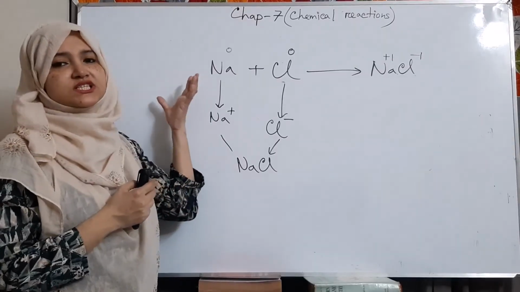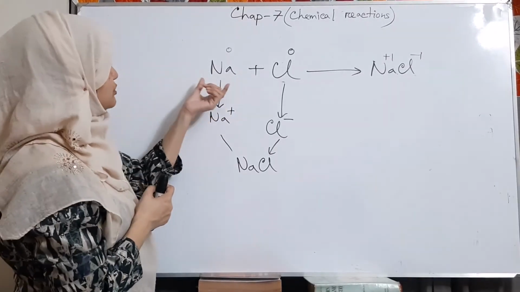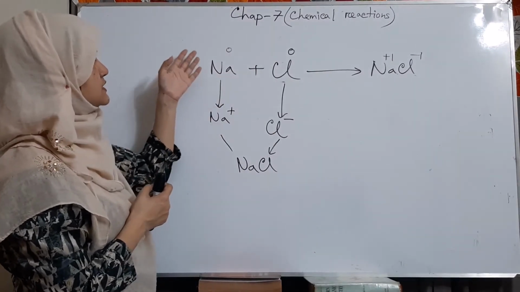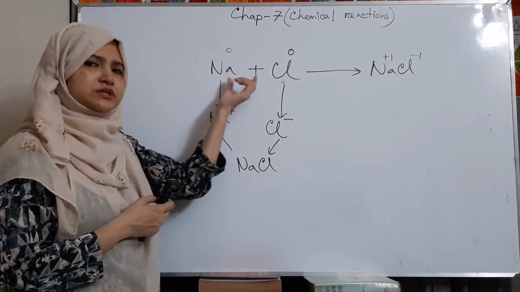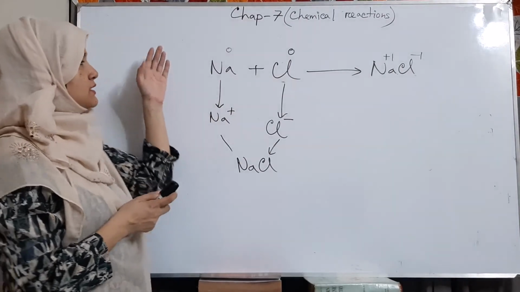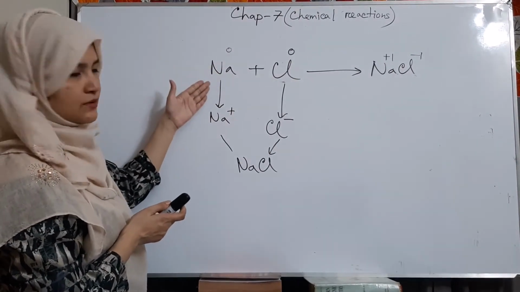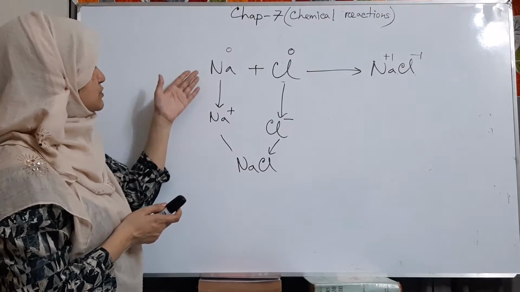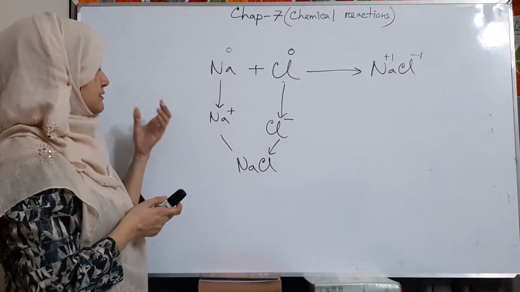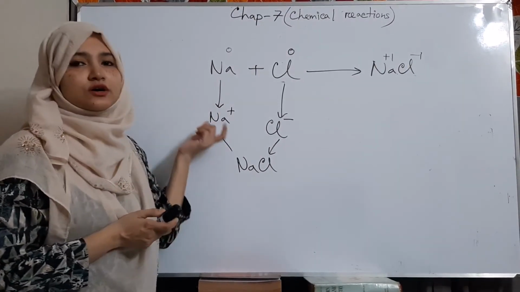Now, using the oxidation and reduction concept, we can describe what is happening to sodium and chlorine. Sodium is giving up one electron, and that means it loses an electron, and that's why it is being oxidized.